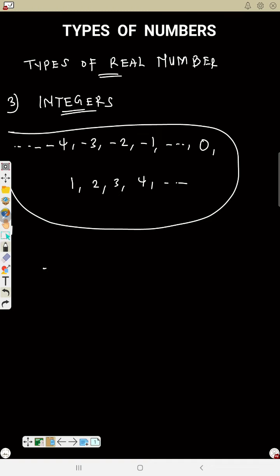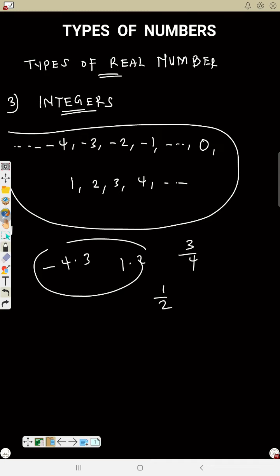You cannot see a decimal like 4.3 or 1.2 here. So integers do not include decimals or fractions, like 3/4 or 1/2. It is just a whole number, a number without a fraction. If I ask, is 3/2 an integer? You say no, because it involves a fraction.